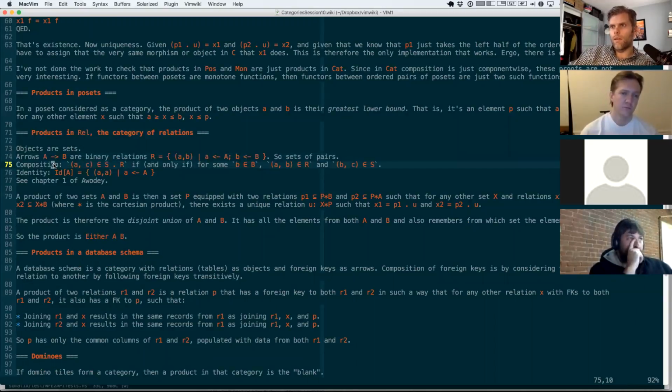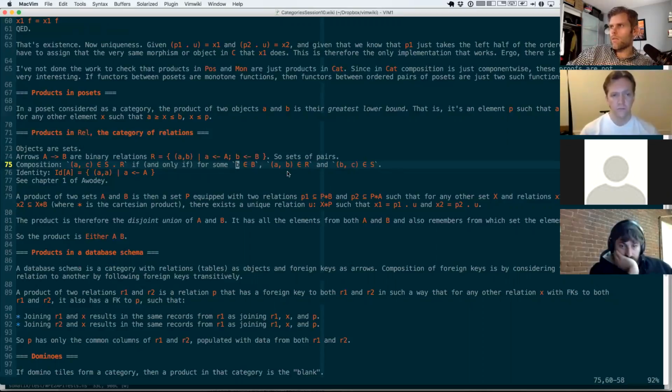And then composition on these arrows: the arrow S after R is all pairs a and c such that for some b in the set B... Okay, so R is a set of a's and b's, and S is a set of b's and c's, and there's a composition of those two relations if there is a b in the set B that connects them together, right?